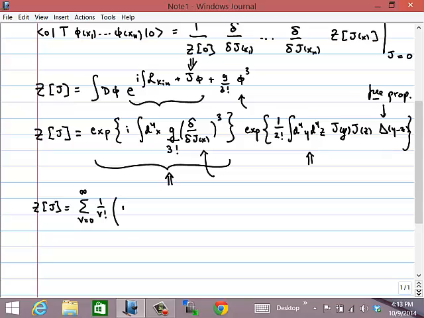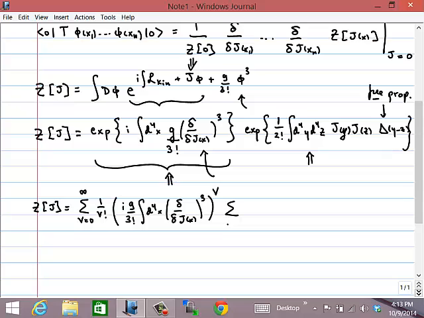So we get an i times g over 3 factorial times an integral d4x times the derivative with respect to J cubed of all that to the v power.